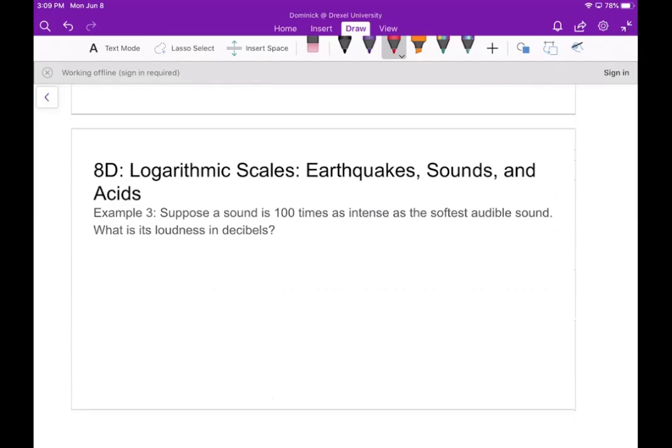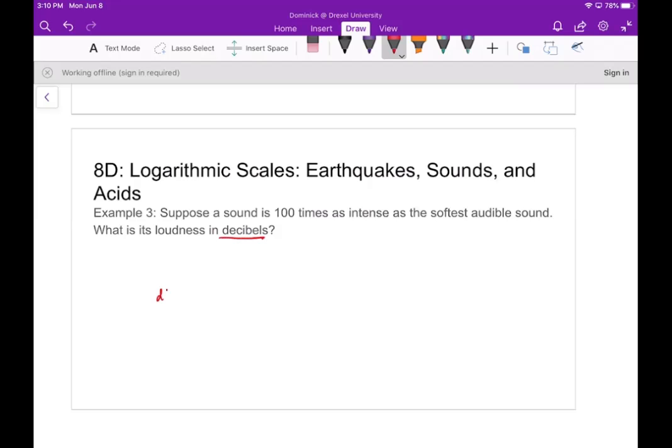Okay. So now in this next example, we're going to suppose that a sound is 100 times as intense as the softest audible sound, and we want to know what is its loudness in decibels. Since we're looking for the loudness in decibels, we need the first formula.